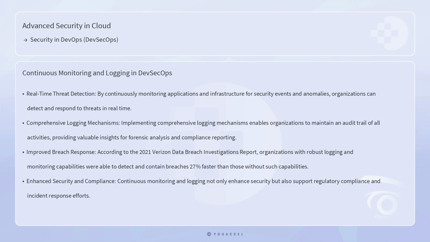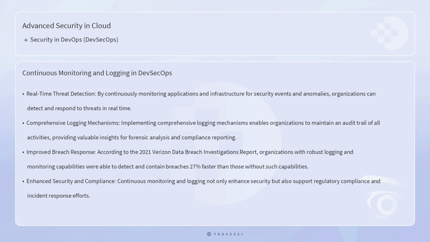Continuous monitoring and logging are also essential components of a robust DevSecOps strategy. By continuously monitoring applications and infrastructure for security events and anomalies, organizations can detect and respond to threats in real time. Implementing comprehensive logging mechanisms enables organizations to maintain an audit trail of all activities, providing valuable insights for forensic analysis and compliance reporting.